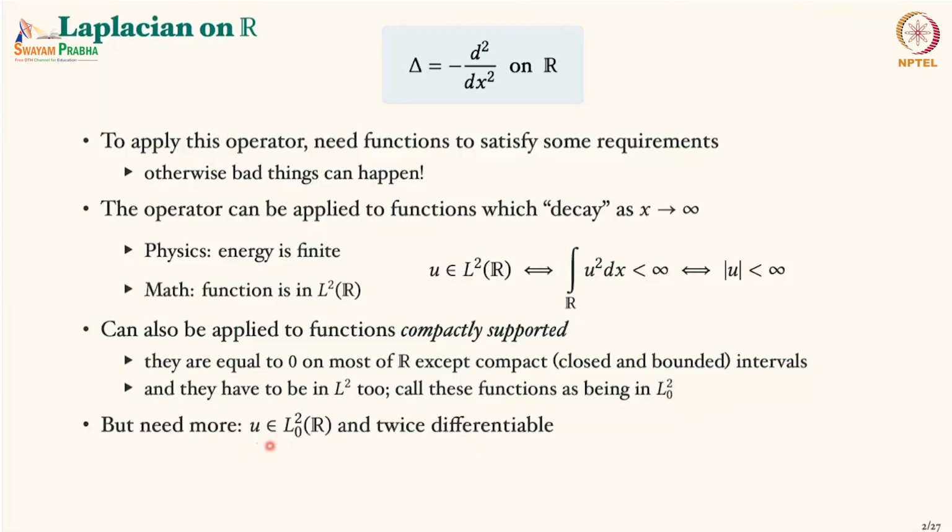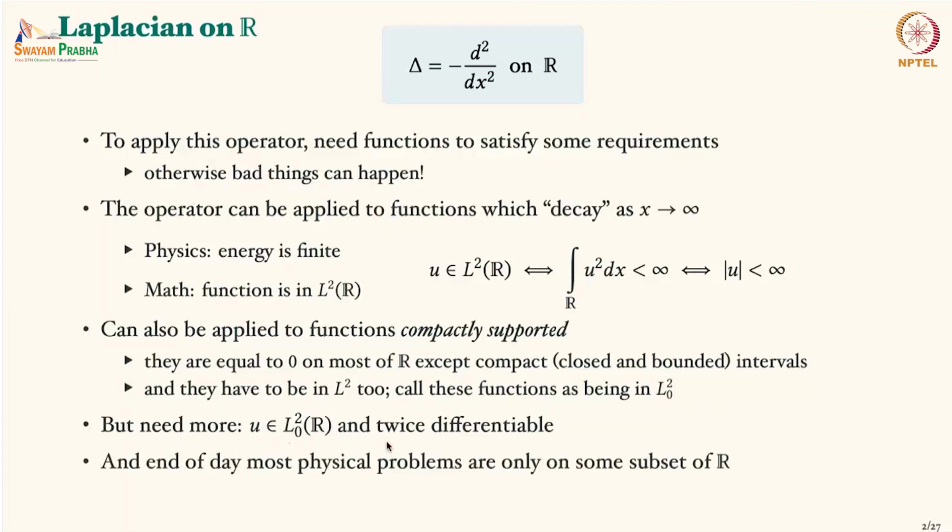So we need a function which is compactly supported, L2 and twice differentiable. Those are the functions that we can apply this one-dimensional differential operator on. You can't just apply it willy-nilly to anything.